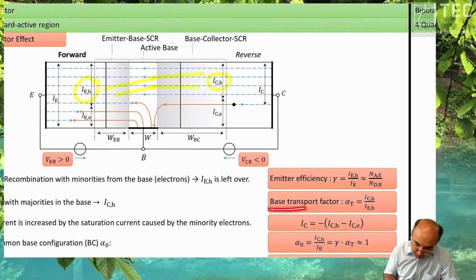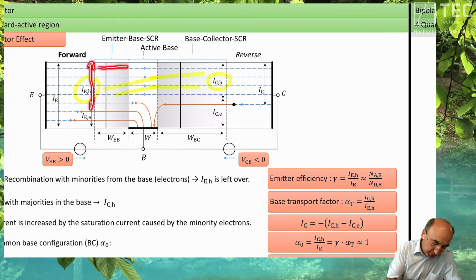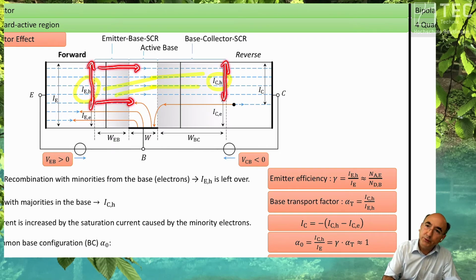Our base transport factor, what does that mean? You have a certain number of holes which appear in the base, and which portion of this number of holes or flow lines does reach the collector?